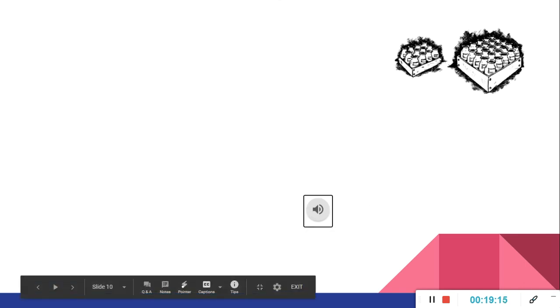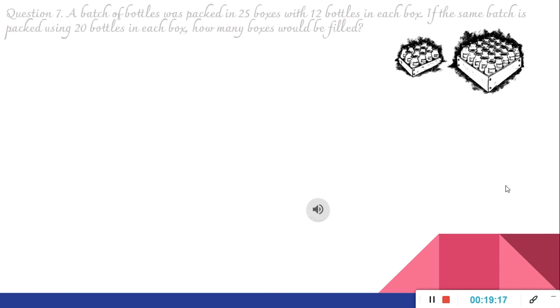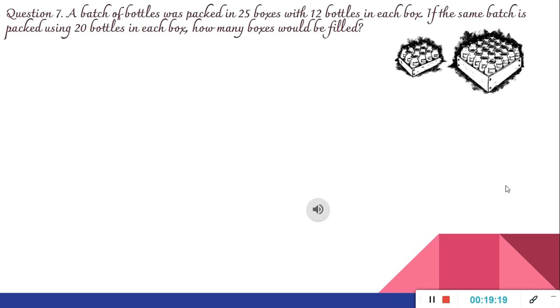Now question number 7. A batch of bottles was packed in 25 boxes with 12 bottles in each box. If the same batch is packed using 20 bottles in each box, how many boxes would be filled? So here we can see the number of boxes and the number of bottles per box.